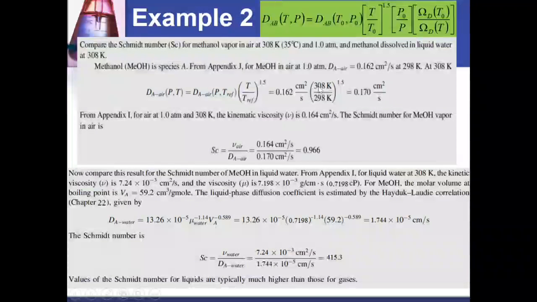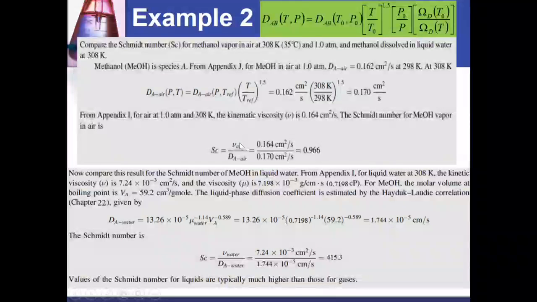When the temperature difference is less than or equal to 10%, the difference in omega D will not be huge, so you can approximate it to 1. The difference in temperature here is about 3%, so we can approximate it to 1. So it will be just the ratio of the temperatures. The ratio of the pressure is 1, the ratio of omega D is 1 also. So the new DAB at 308 Kelvin will be 0.17 centimeters squared per second.